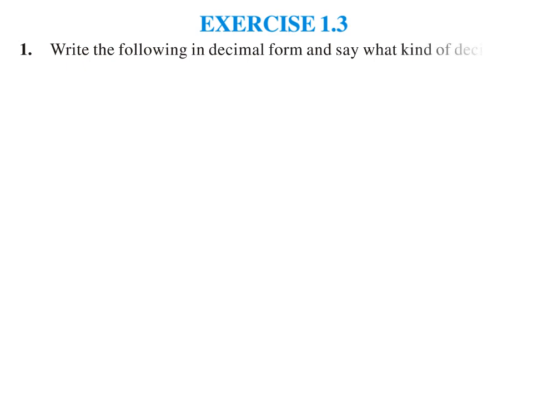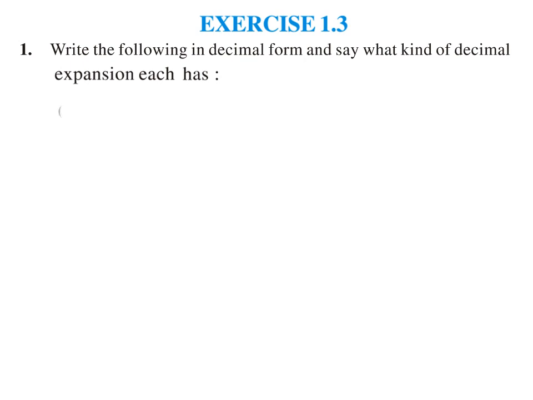1.3. The first question is: write the following in decimal form and say what kind of decimal expansion each has. So we have to write the decimal form and the decimal expansion type.